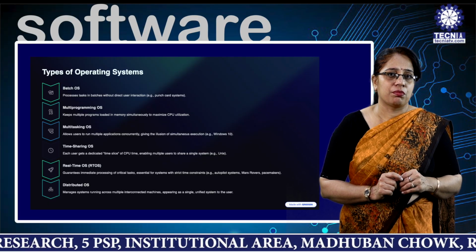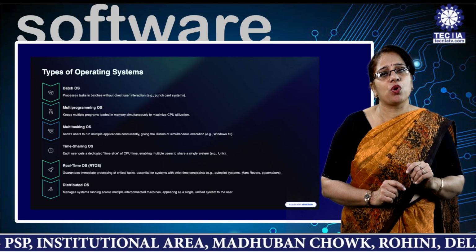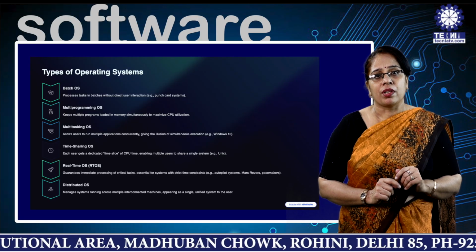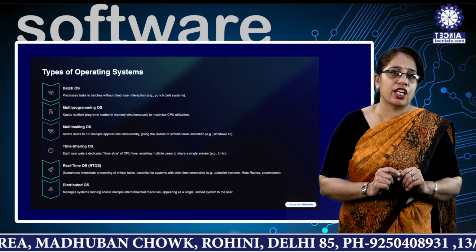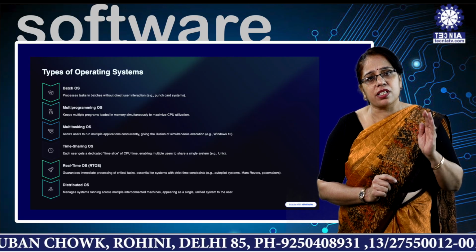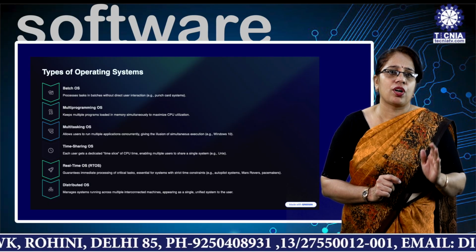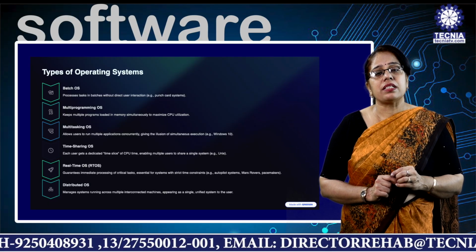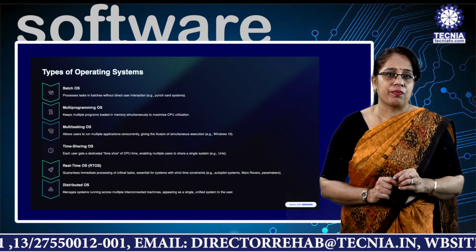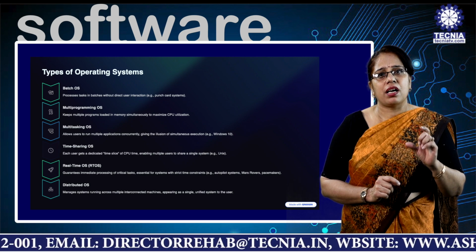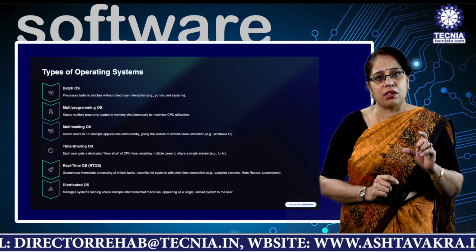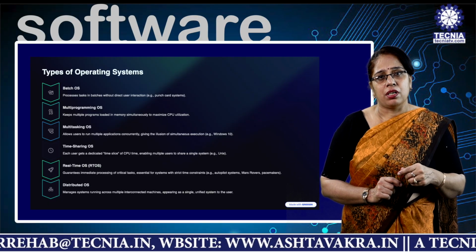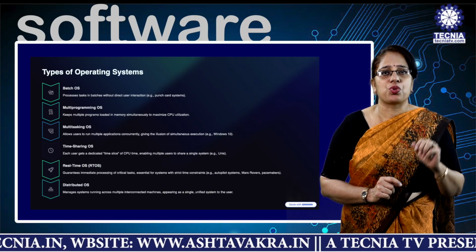Multi-programming operating system: in this, more than one program is loaded into the memory. Another type is multitasking operating system, in which there is a simultaneous execution of the processes. For example, Windows 10. Next one is time sharing operating system. In this, a user gets a time slice of the processor. For example, in Unix, the same mechanism is used.